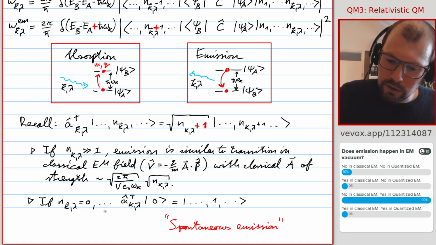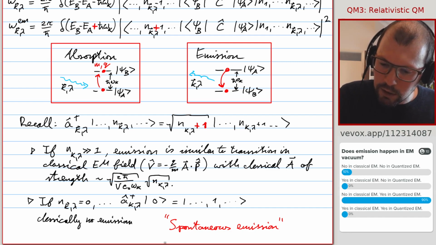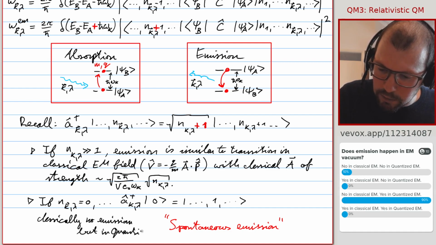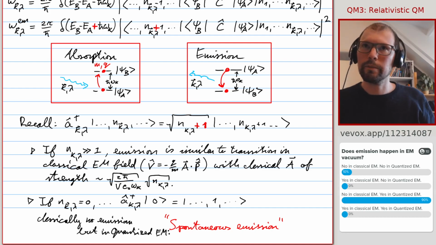So let's say classically no emission, but in the quantized field we have spontaneous emission.